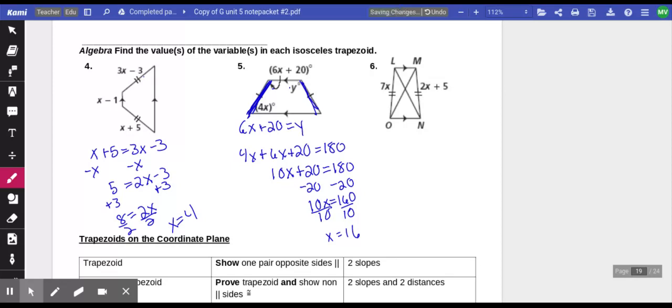So now if I look at number 6, LO and MN are congruent. So those two angles are equal. So 7x equals 2x plus 5. We subtract 2x from both sides. We get 5x equals 5. Divide by 5. X equals 1.